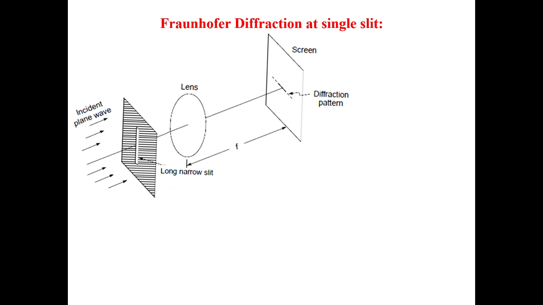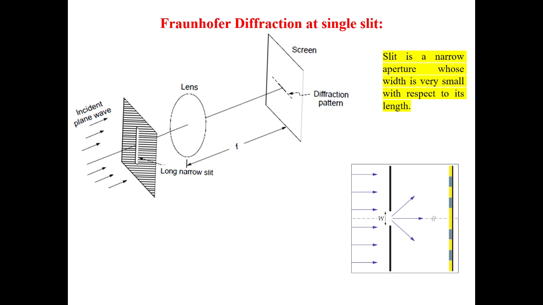In this course, we will focus only on Fraunhofer diffraction pattern. So, in Fraunhofer class, one needs a slit to pass the light, and the slit is a very narrow aperture whose width is very small when compared with its length, and the light diffracts along the width of the slit.